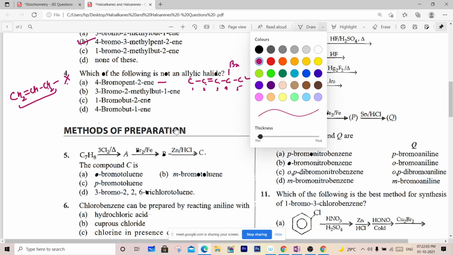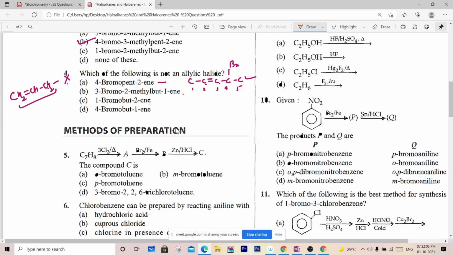Now the question is, which is not allylic? Let us draw the second structure. 1, 2, 3, 4. 3 bromo, 2 methyl, but 1 ene. Yes, it is also allylic, next to the double bond.